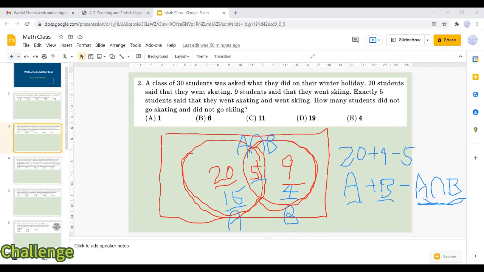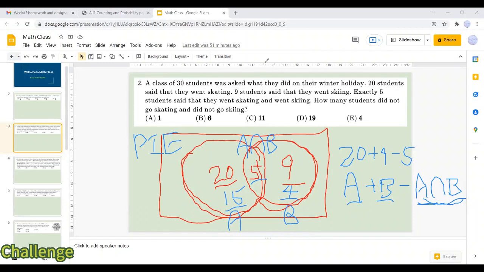So we have to subtract once to get rid of it. Okay, does anybody have any questions on PIE? No? Okay. All right.